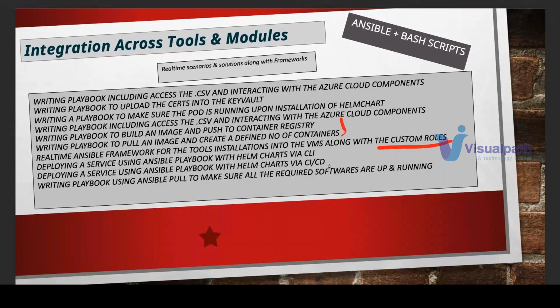This is a very good learning for you to understand Ansible, understand the Bash script, understand CI/CD. All these things you will understand here. And finally the general use case, how you can use Ansible pull.